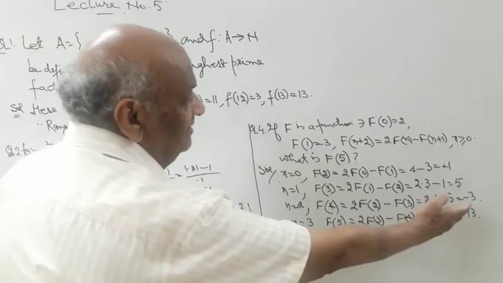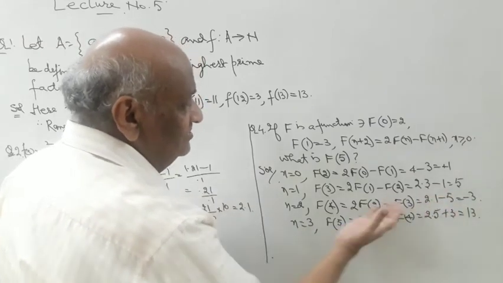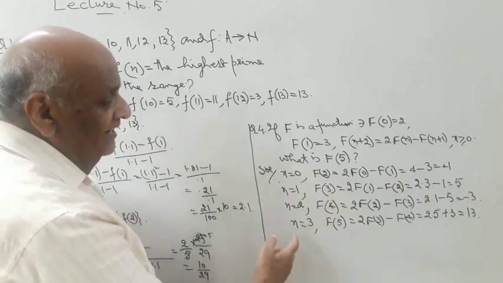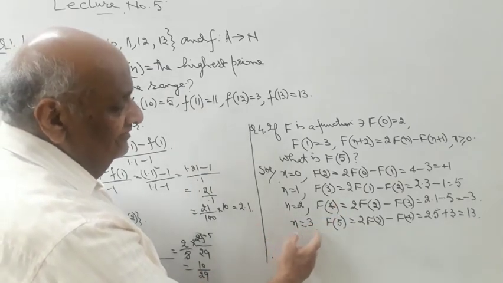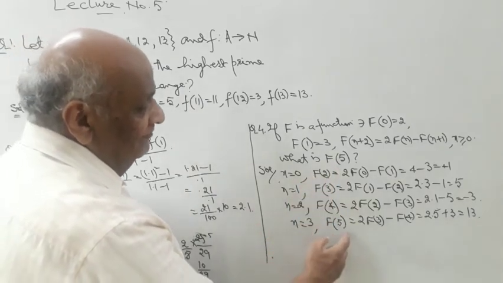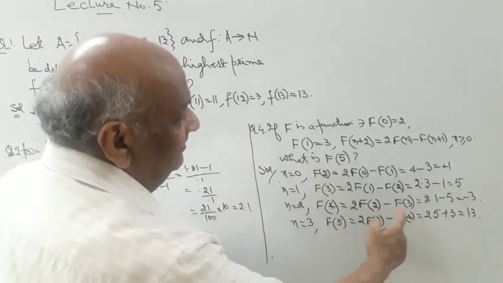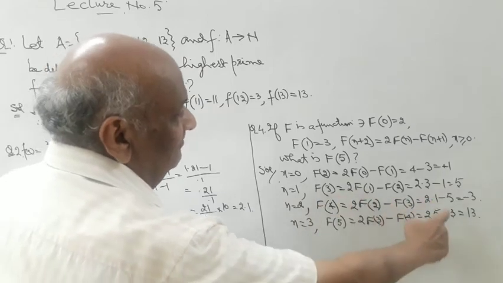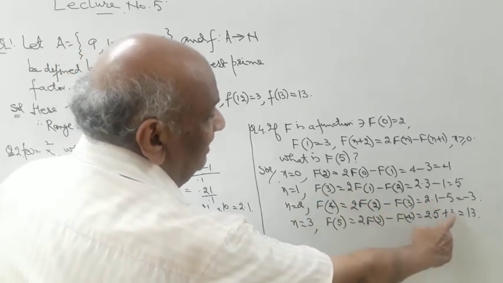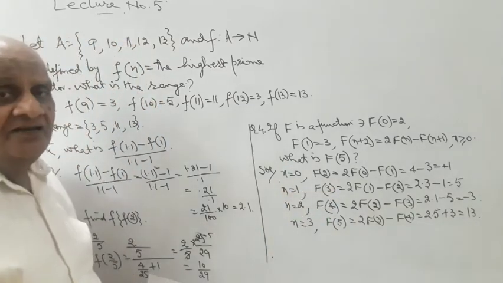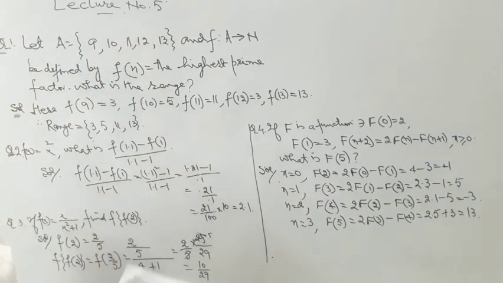It is equal to minus 3. We just use the previous value in the coming next value. And in the same way, n is 3 there. I want f(5). f(5) is 2f(3) minus f(4). f(3) is, just we have seen, is 5, 2 times 5 minus of this is plus 13. So in this way, we can apply the chain of the problems, the questions.